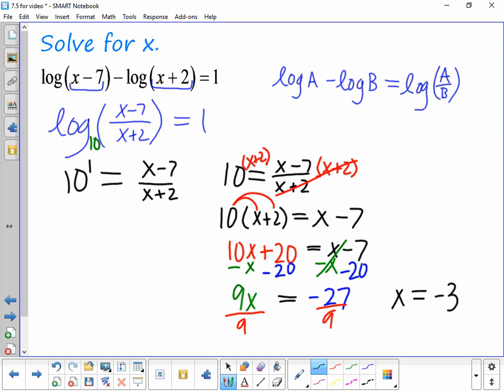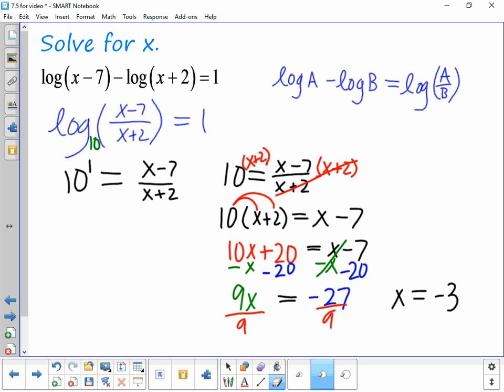So this is a complicated equation. We do all this algebra. We condense, we multiply by denominators, we just manipulate our equation. We get x is equal to negative 3, and we need to check that answer and make sure that it actually works.